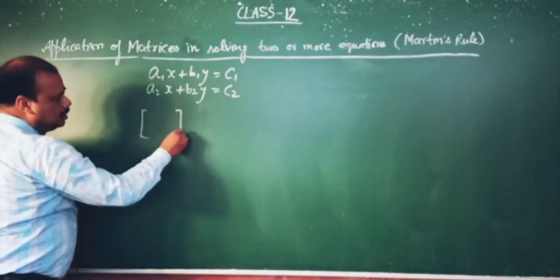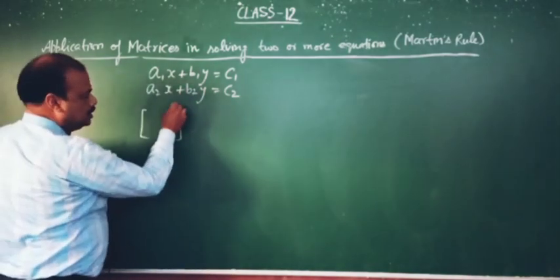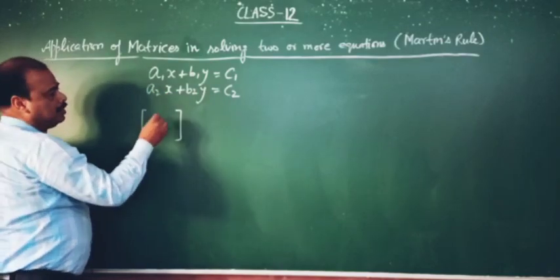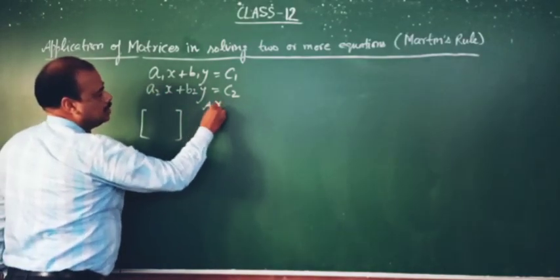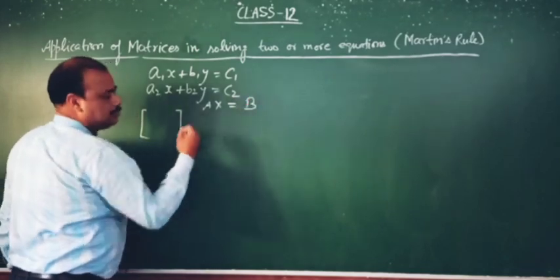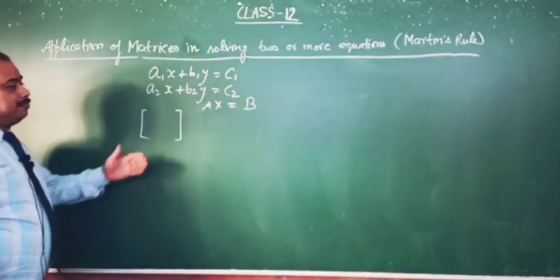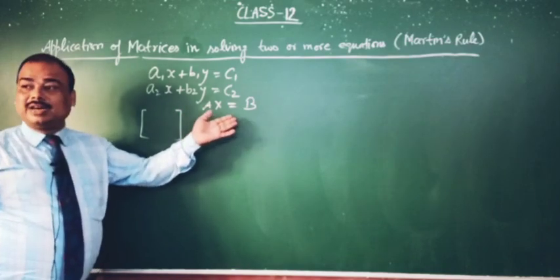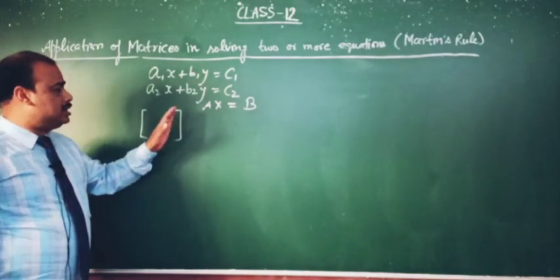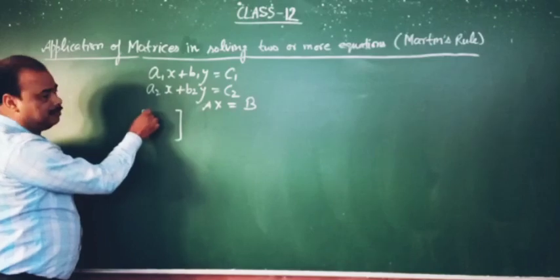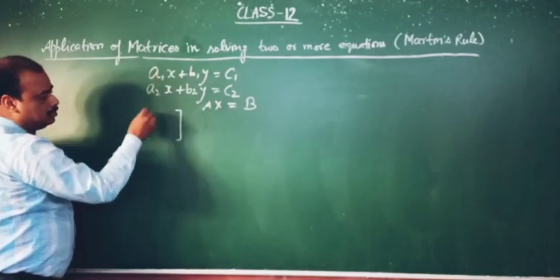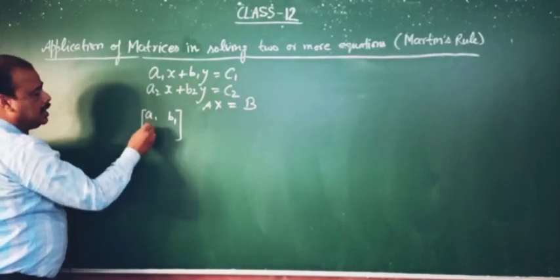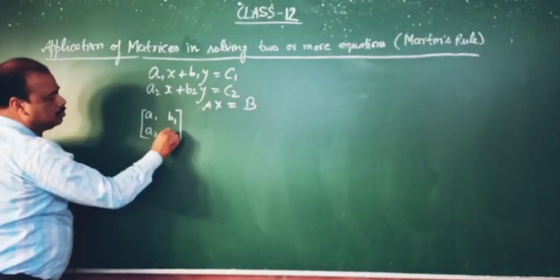First we write these two equations in matrix form, AX equal to B. What is A, what is X and what is B? A is the matrix of coefficients. It means a1, b1 and a2, b2.